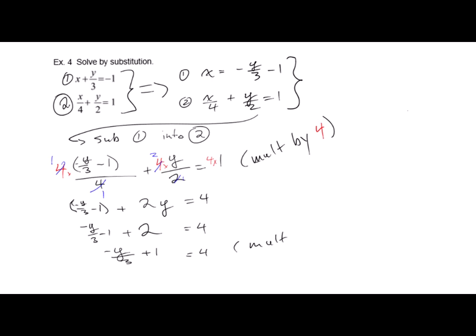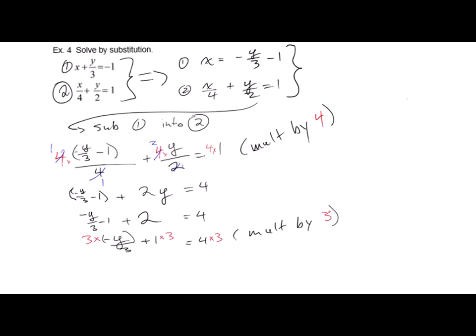So, I could move the 1 over to the other side, or I just multiply everything by 3. I just like multiplying by 3. Multiply everything by 3, and what will happen is you're going to get all that over 3, 1 times 3, and 4 times 3. So now you're going to get -y, I believe, plus 3 is equal to 4.